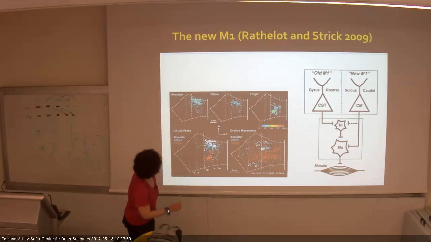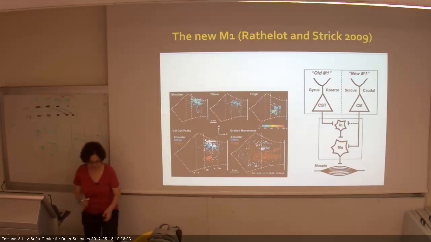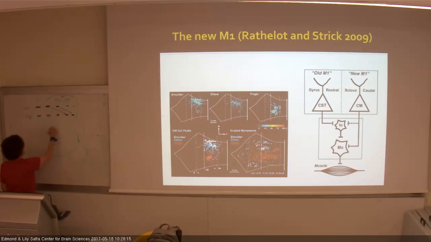Okay. This is the central sulcus. So if you look, this is the brain, right? This is the central sulcus, and this is the arcuate. So you take the central sulcus and you flatten it, right?